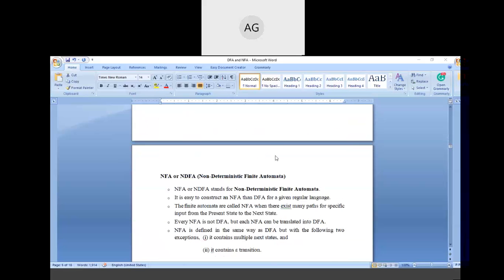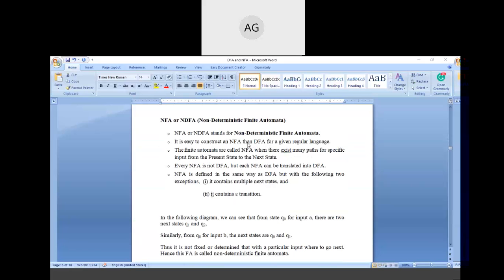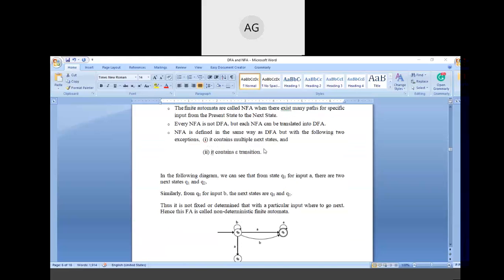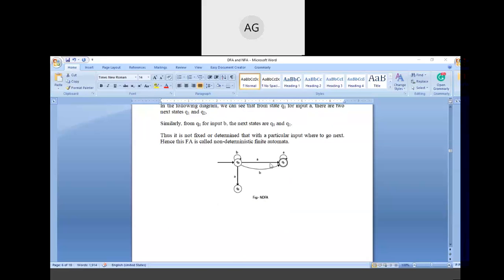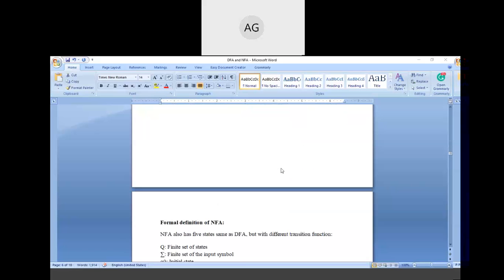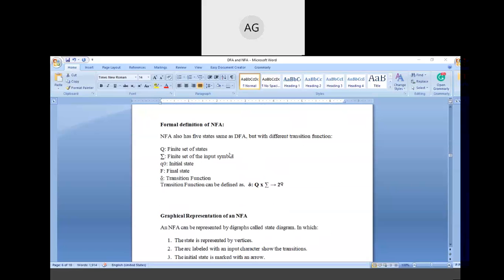After the numericals based on DFA, we discussed the NFA, meaning non-deterministic finite automata, and how it is different from the DFA. We discussed the transition diagram of the NFA, and just as there is a transition function for DFA, there is a specific function for the NFA.